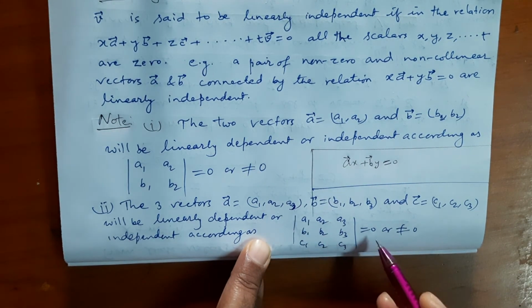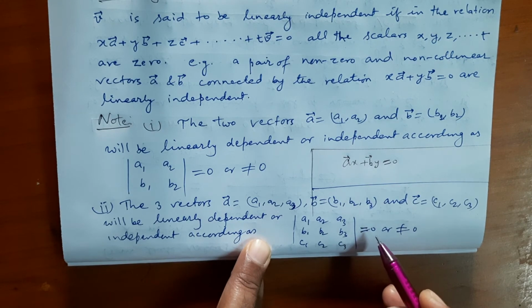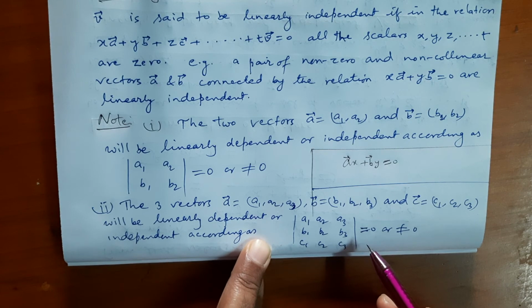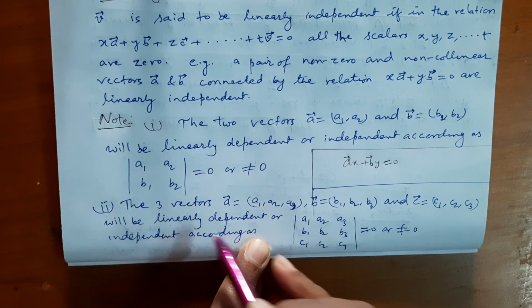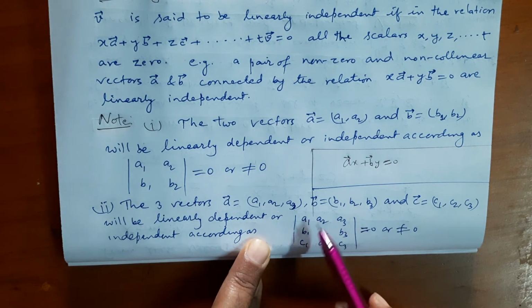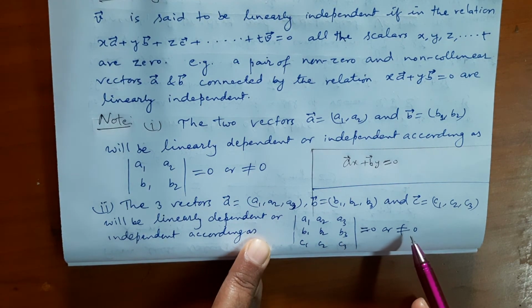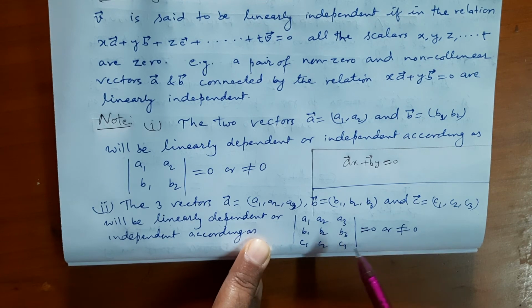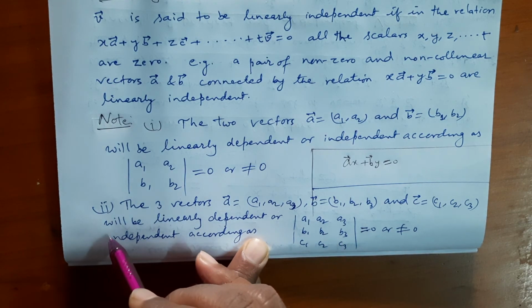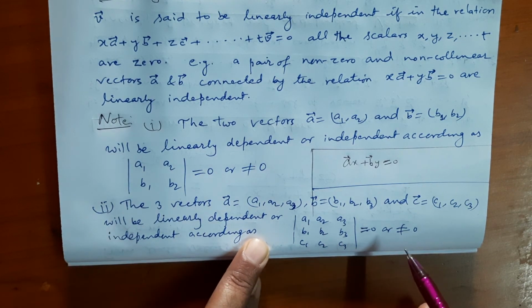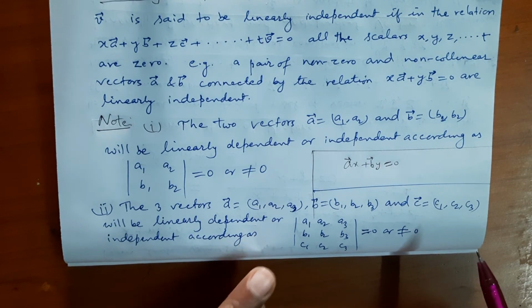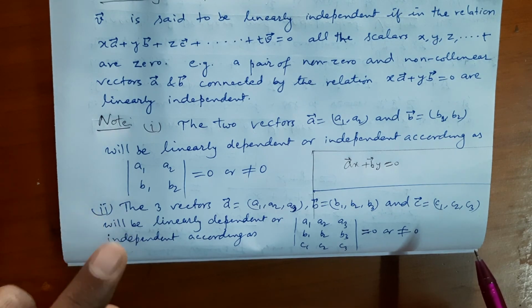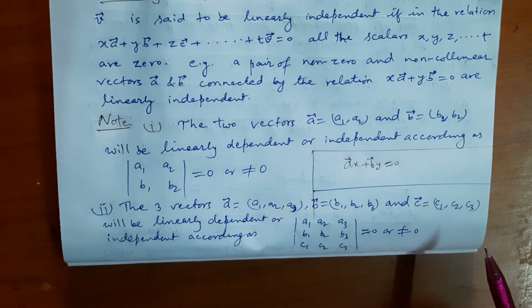Okay, so in this case also the same process to remember. If the determinant is 0 and any one of the scalars may be non-zero, then the vectors are said to be linearly dependent according to our previous definition. And if the determinant is non-zero, then all scalars may be 0, so it is the same as the definition of the independent vectors. Okay, so in that way we can establish equivalence between these two types of processes in our mind.